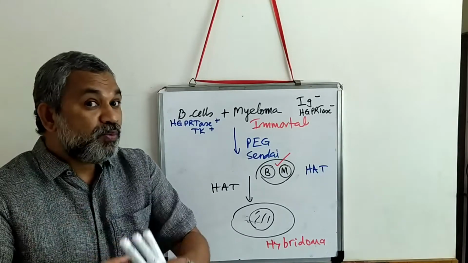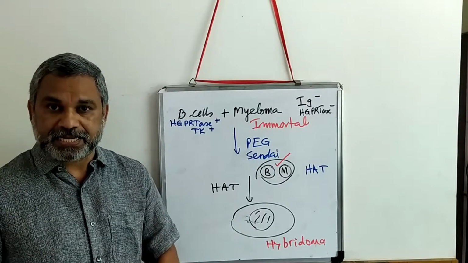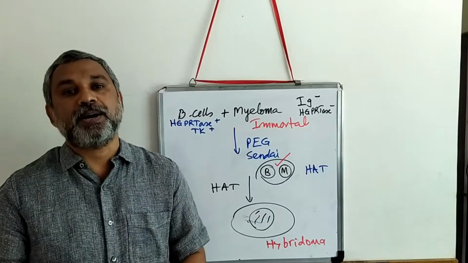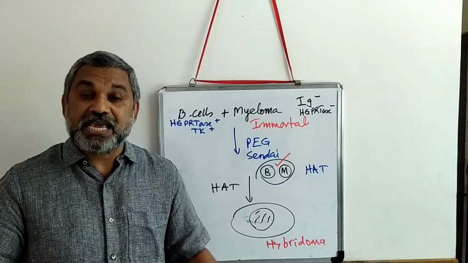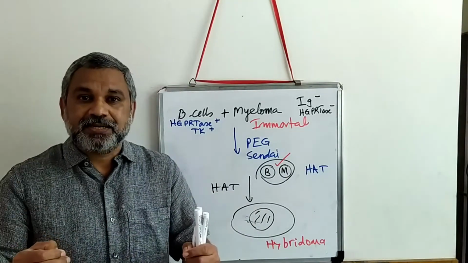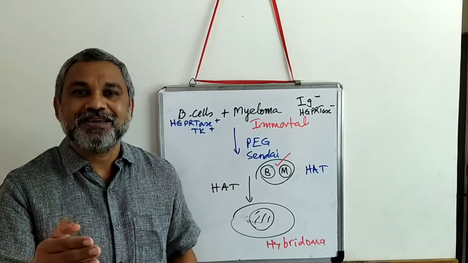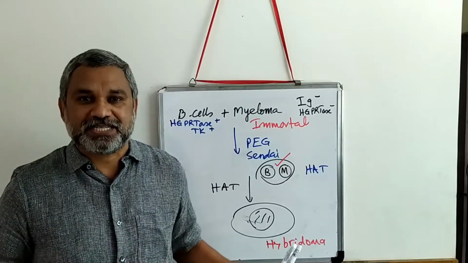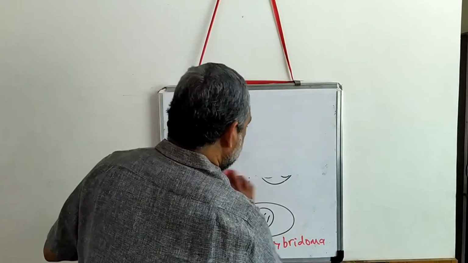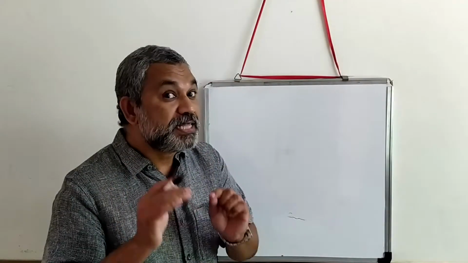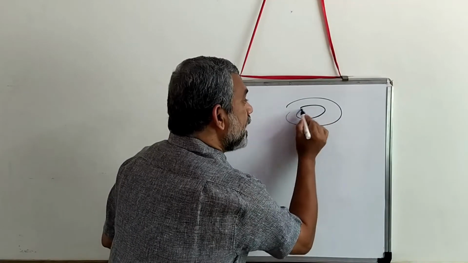Now, the most important aspect. Hybridomas are created, and from this hybridoma we come to the next stage, where we need to select which clone is capable of producing the antibody of our interest. Let us see how we do that. That is the second stage. After the HAT selection, we have a hybridoma.